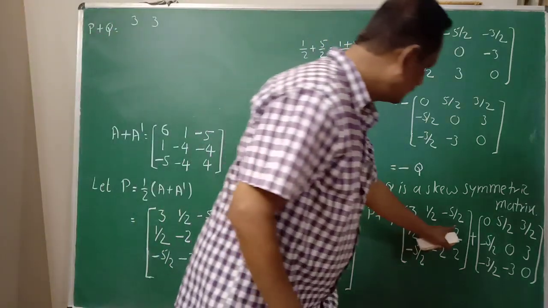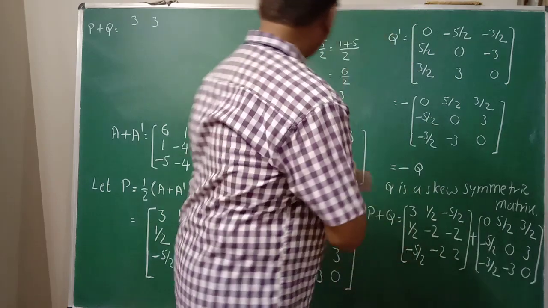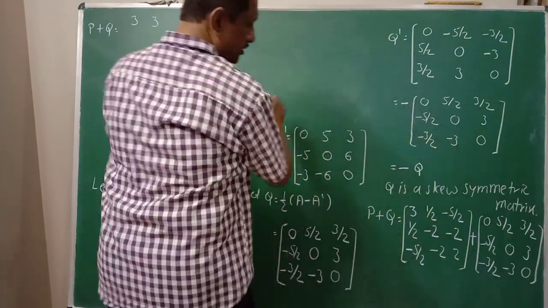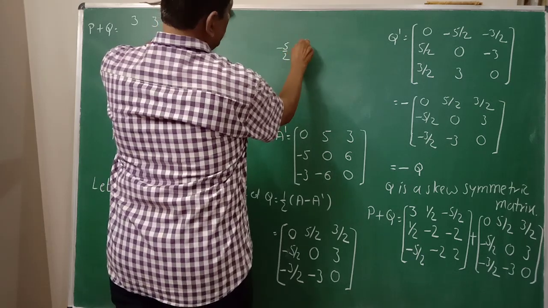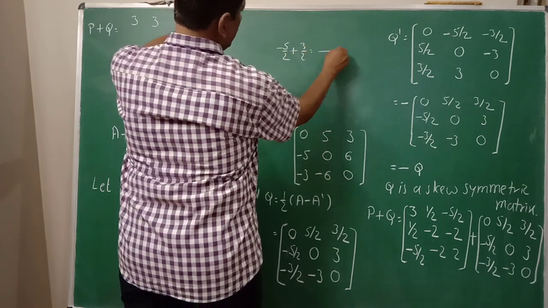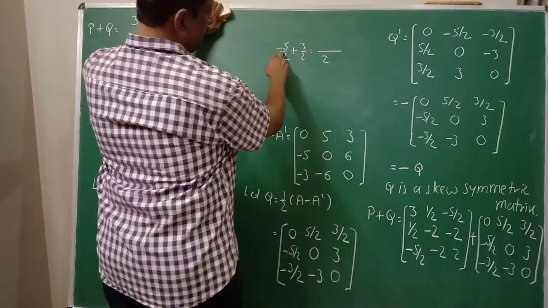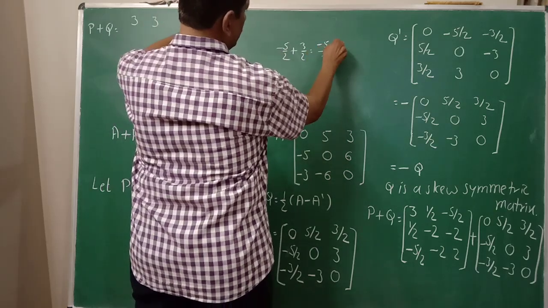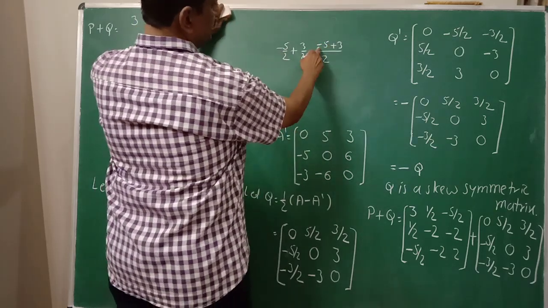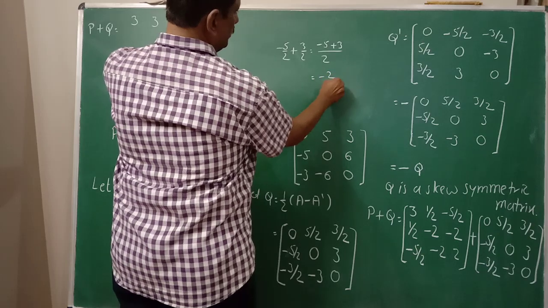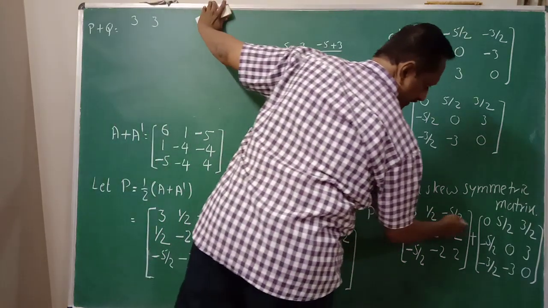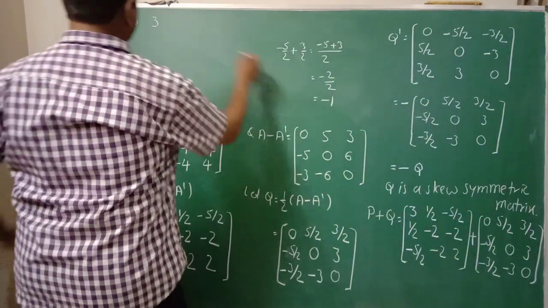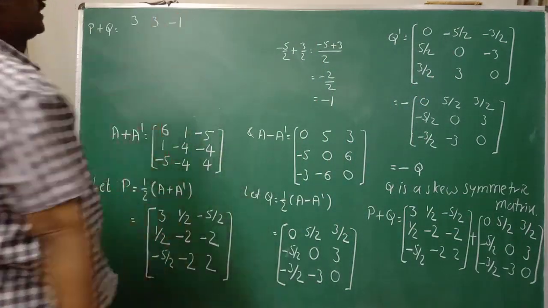Then minus 5 by 2 plus 3 by 2 is there. So minus of 5 by 2 plus 3 by 2. 2 is the LCM here. Minus 5 plus 3 gives minus 2 divided by 2, which is equal to what here? Minus 1. Minus 5 by 2 plus 3 by 2 gives minus 1 here. So write here minus 1.